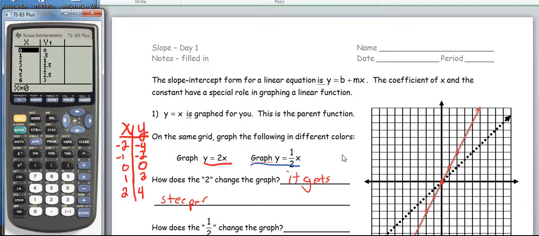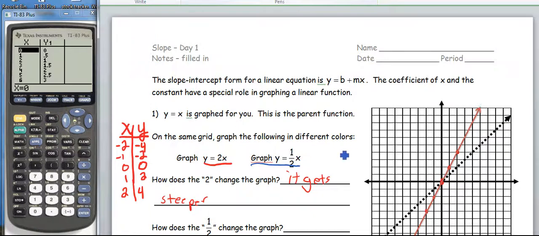Second graph. And then remember what we're doing is we are going to use the values x, y, -2, -1, 0, 1, and 2.